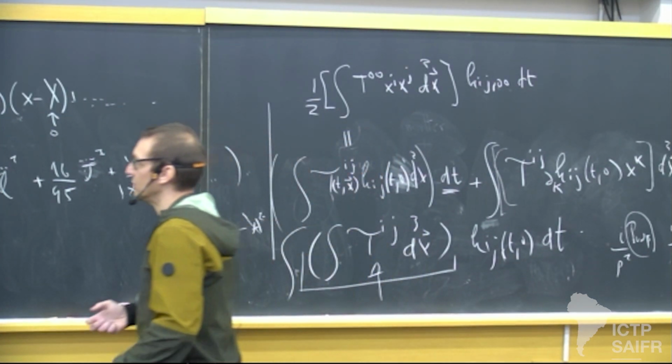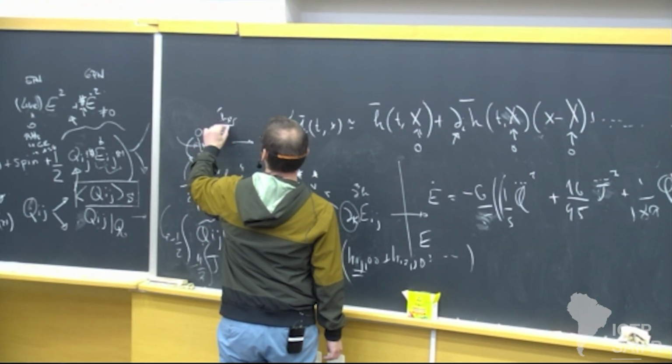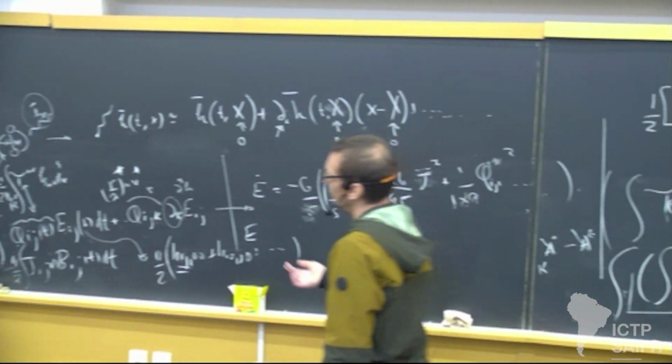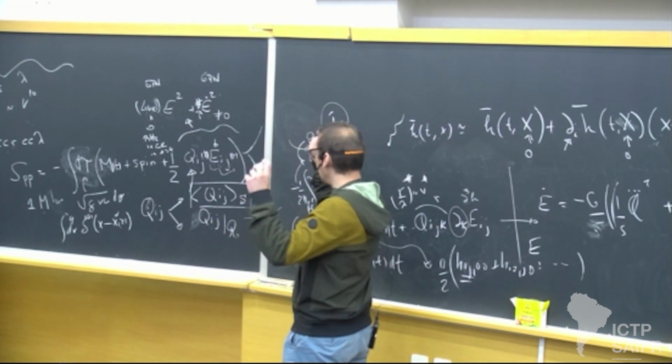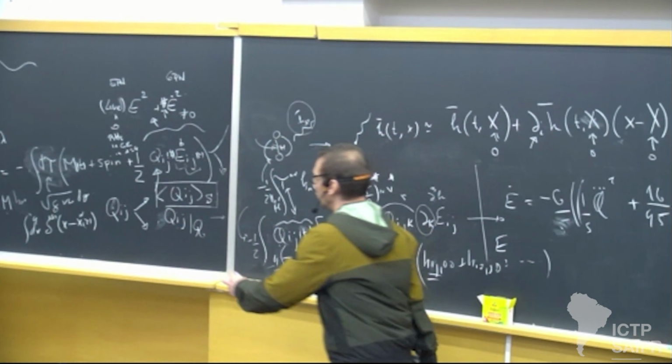That's a very good question. The question is that I'm a little bit cheating. When I call this radiation, there are still regions of this far zone that include long potentials. They are sourced by this guy.